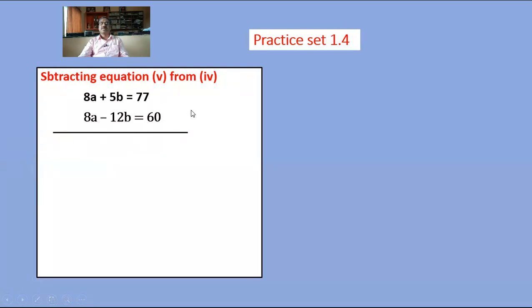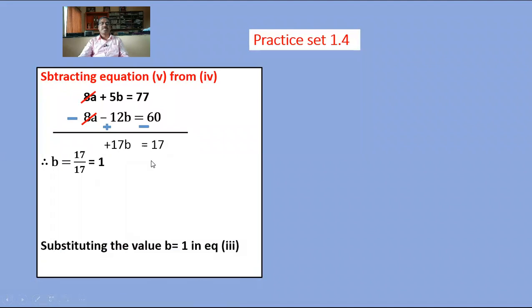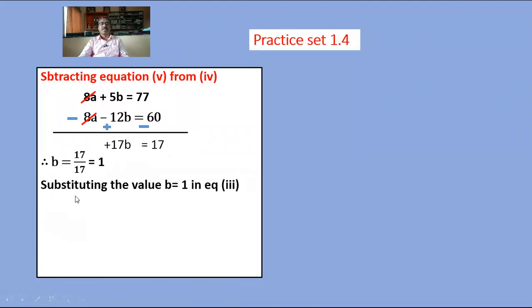Subtract these two equations: 8a minus 8a gets 0, plus 5b plus 12b is equal to 17b, is equal to 77 minus 60, which is 17. 17 multiplied by b goes to the RHS, then we divide. Therefore, b is equal to 17 upon 17 is equal to 1. 17 ones are 17. Therefore, the value of b is equal to 1.